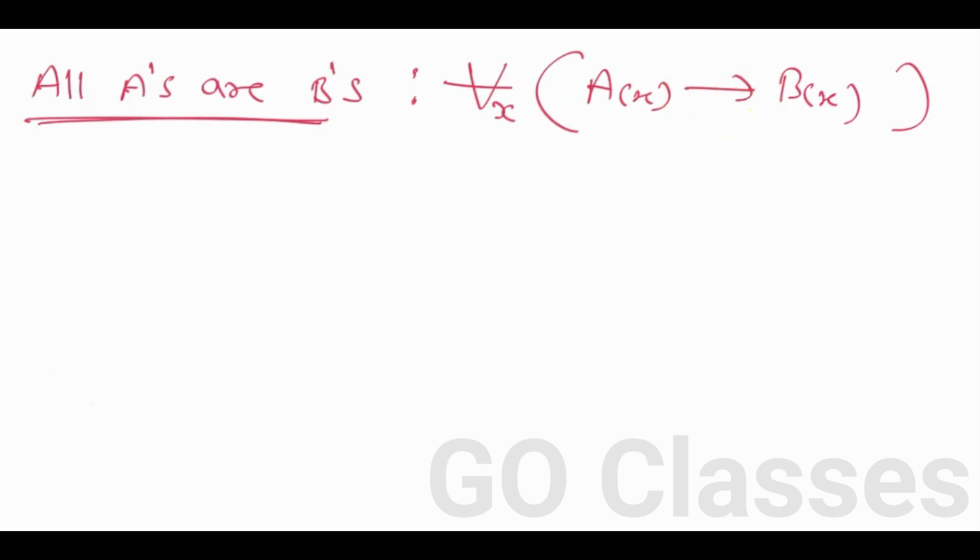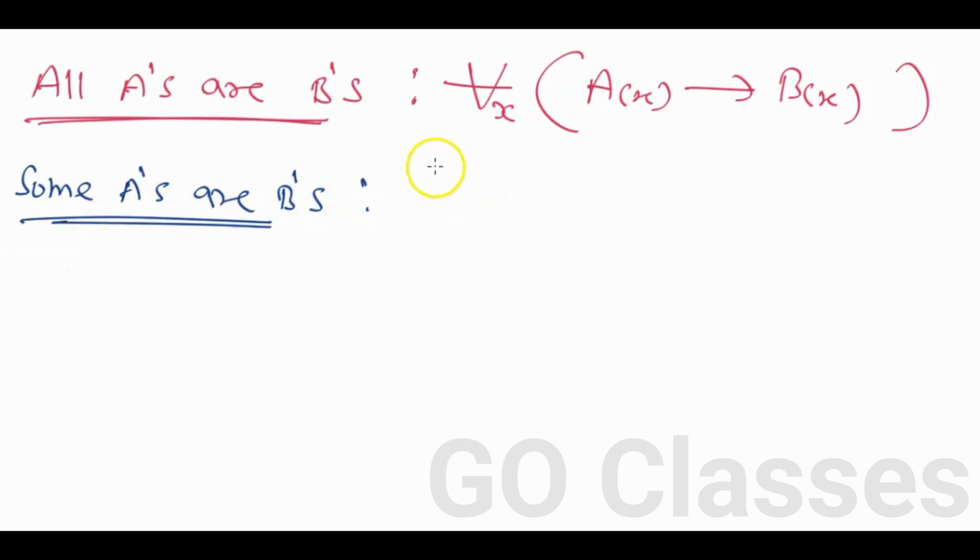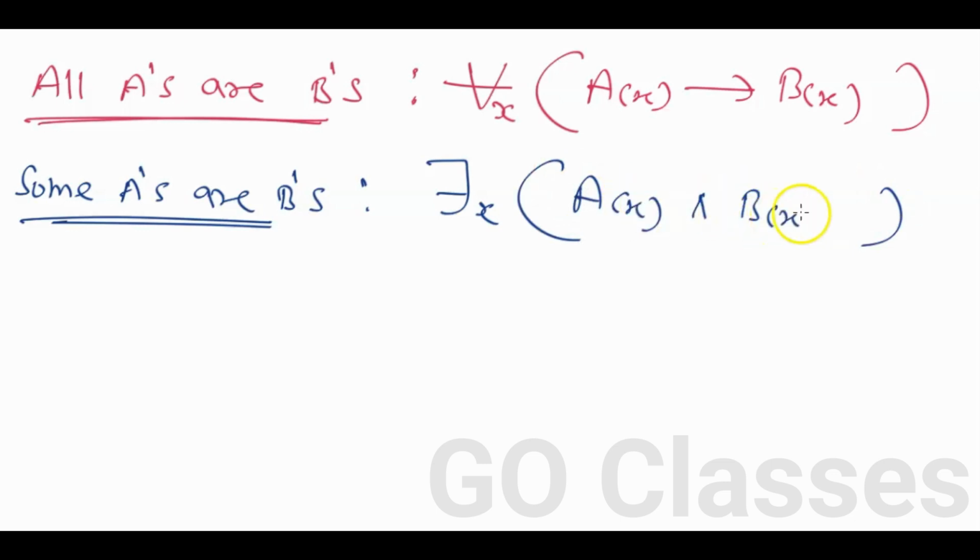Next, some A's are B's. It means at least one A is B. Means there exists an element which is A and which is B. So you can notice with existential quantifier we use conjunction.